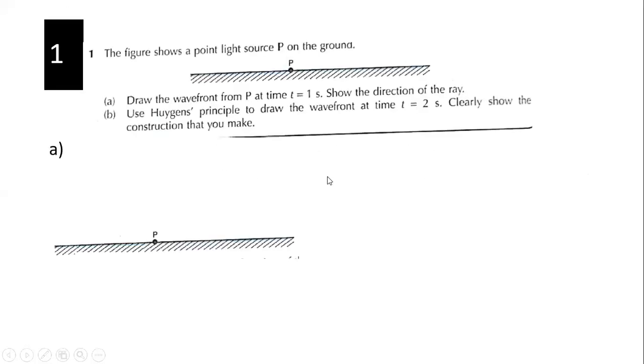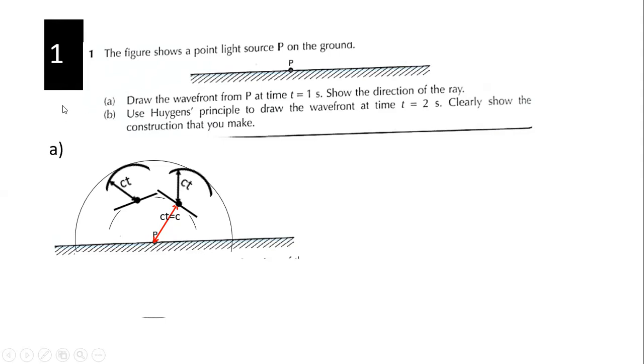Okay, 23.1. You should be able to draw this one. Just a semicircle, radius will be ct, and then the next one will be c. Draw the other one, and you can just draw touching all the arc.